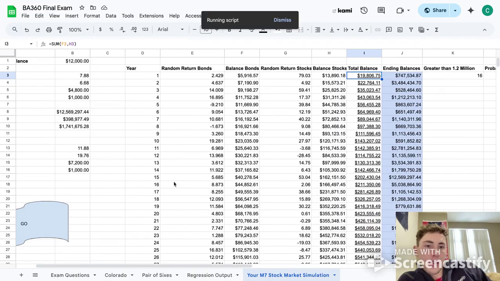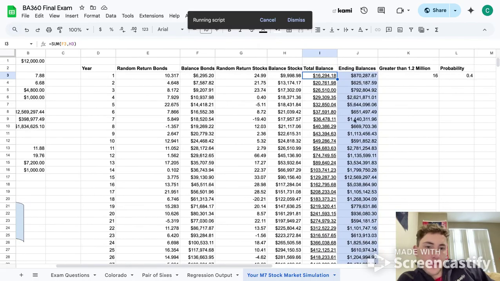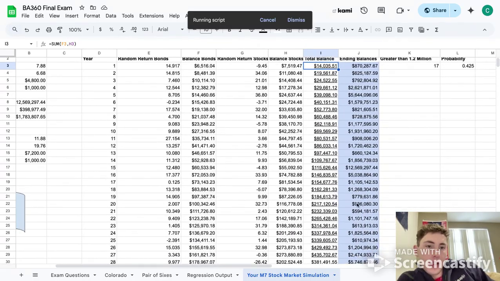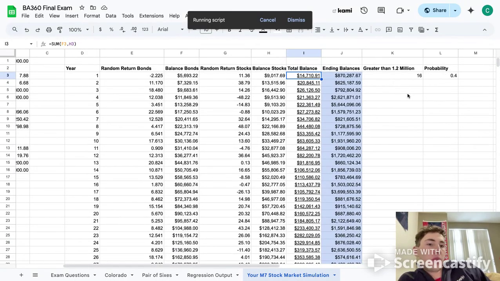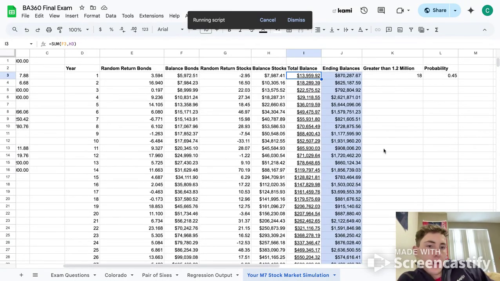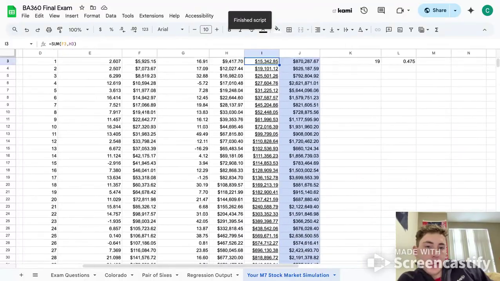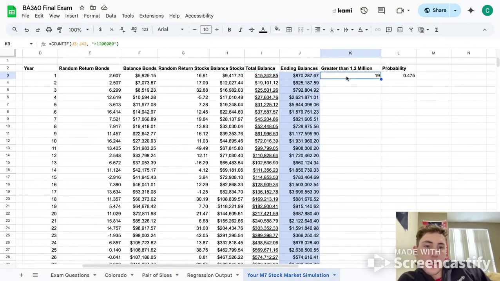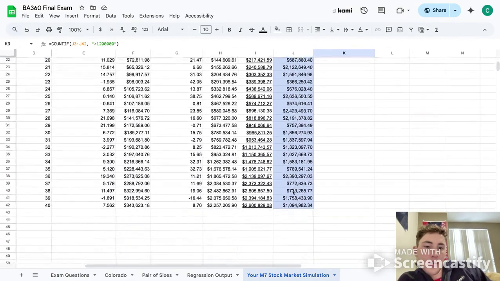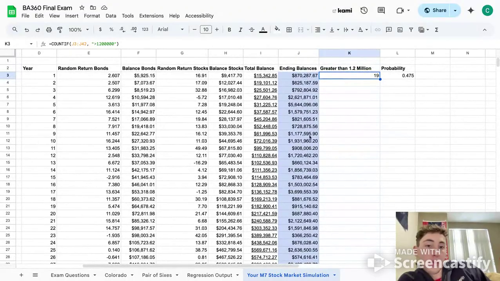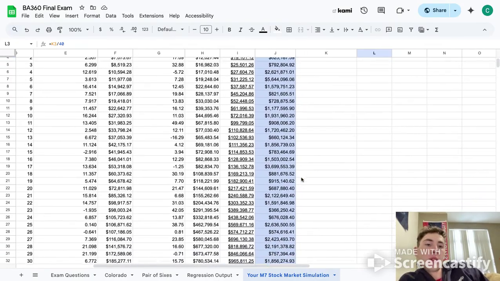I'm going to run it again. Then I made these extra two categories to calculate the probability over 1.2 million. It changes every time you run the script, but I did the COUNTIF function, counting how many times in this group of 40 there's an answer over 1.2 mil, and then I did the probability of that out of 40 times.